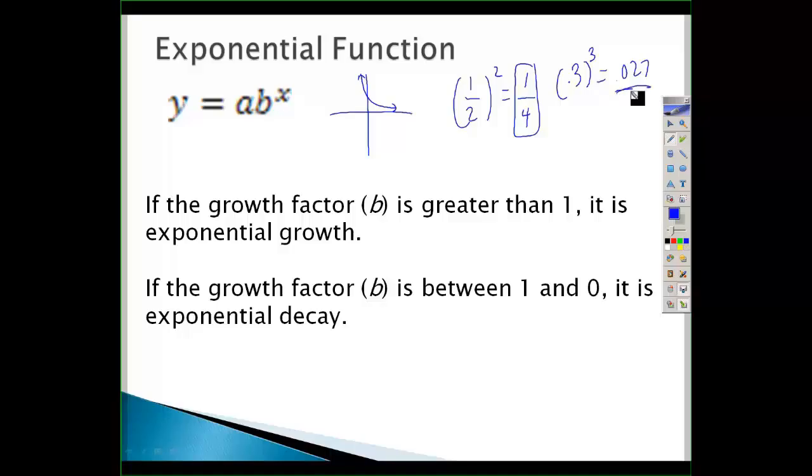As you can see, 0.027 is less than 0.3. So it actually gets smaller because you're taking a fraction to a power. The numbers get smaller and smaller. Like yesterday, with growth factors, if you take 2 squared, you get 4. If you take 3 squared, you get 9, and it gets bigger, faster. When you take a fraction to a power, though, it gets smaller, faster. That's why if the growth factor is between 0 and 1, your outputs get smaller and smaller and smaller.